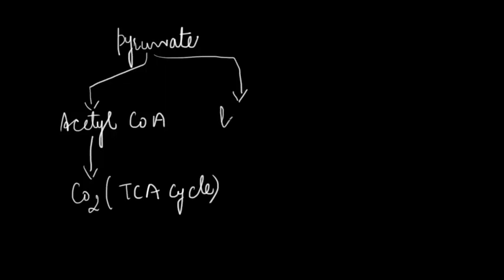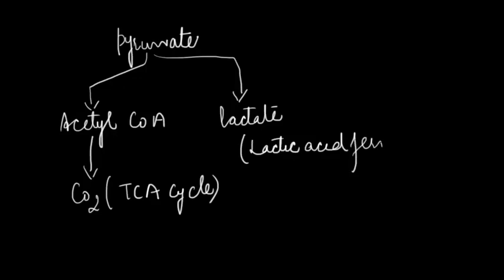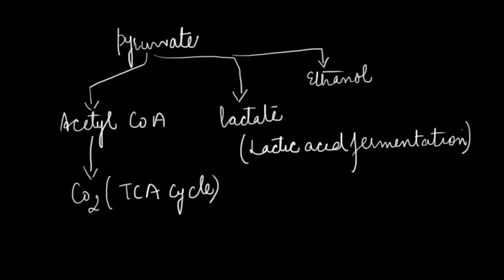It gets reduced to lactate and the process is called lactic acid fermentation. The third fate of pyruvate is also seen under anaerobic or hypoxic conditions, where this pyruvate gets converted to ethanol and carbon dioxide, and the process is called ethanol fermentation.